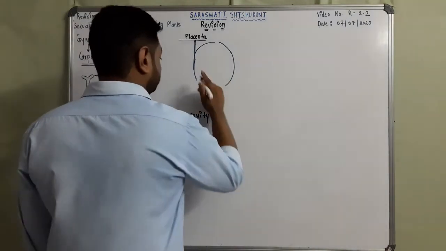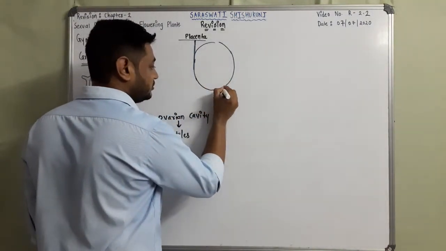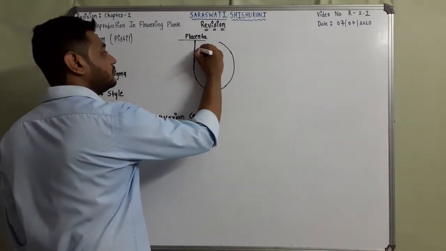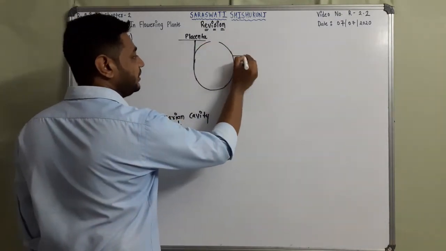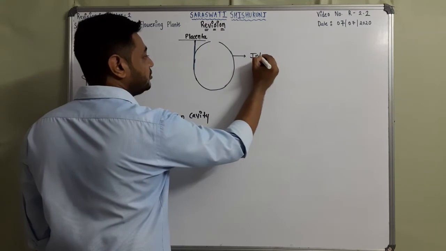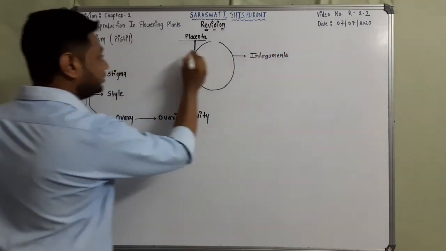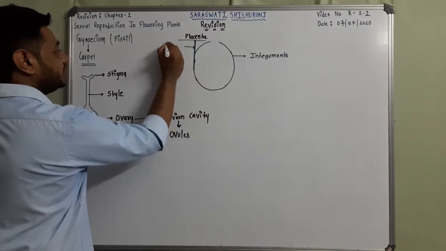So the outer structure of the ovule has a protective coat called integuments, that are one or two layers. This is referred to as funicle.